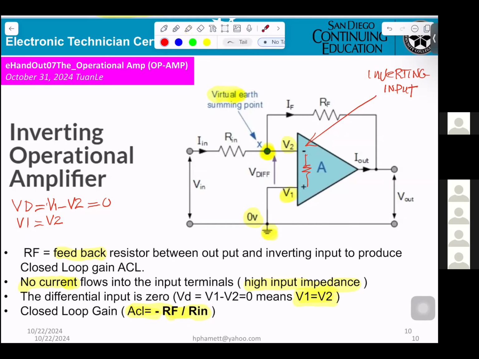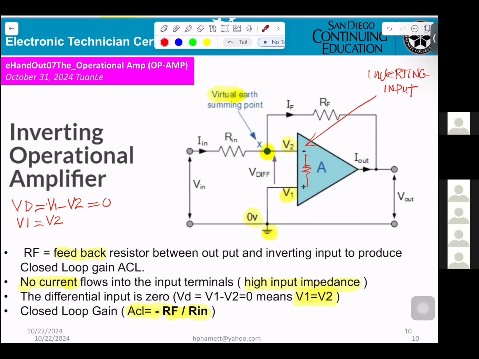Now, can you tell me what is the difference between the root here and the root in here? What is the name? Mr. Smith, what is the name of the root at this point?